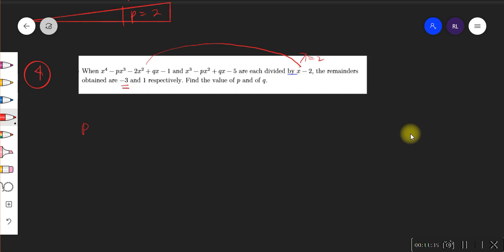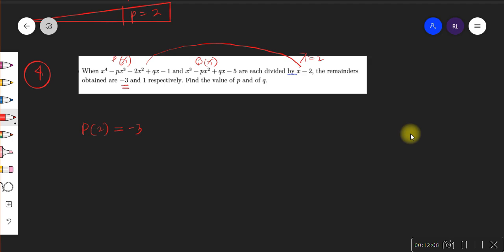We have p of 2 equals negative 3. So let us say this is our p of x, and this is our, let us say, q of x for this one. Not a quotient, but let us say that's a polynomial. So p of 2, substituting 2 in the first polynomial, that's negative 3. The remainder becomes negative 3.